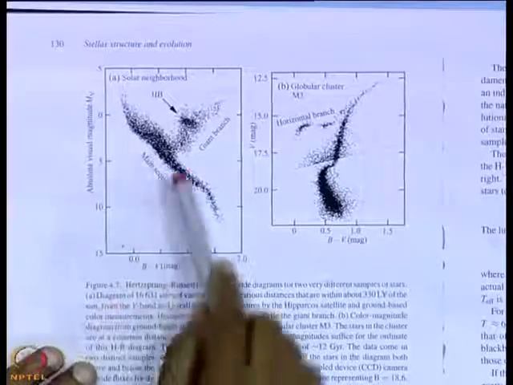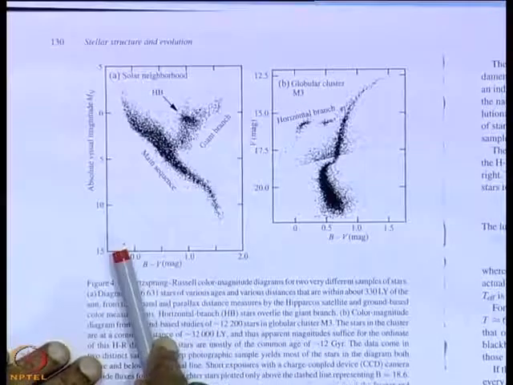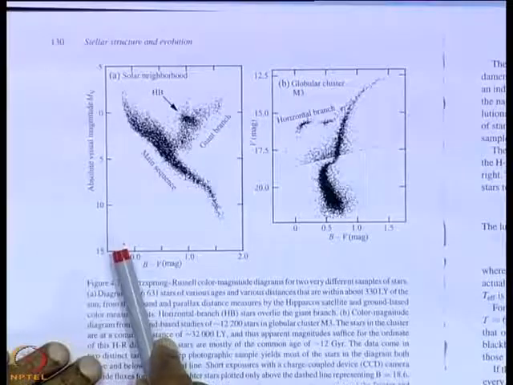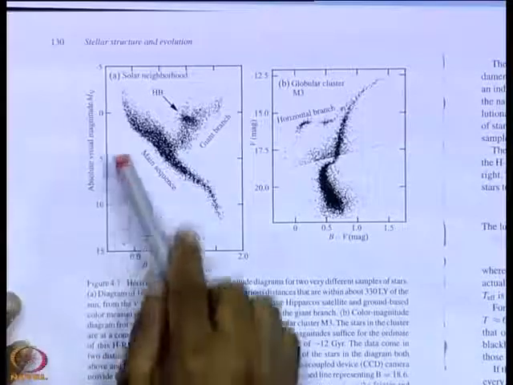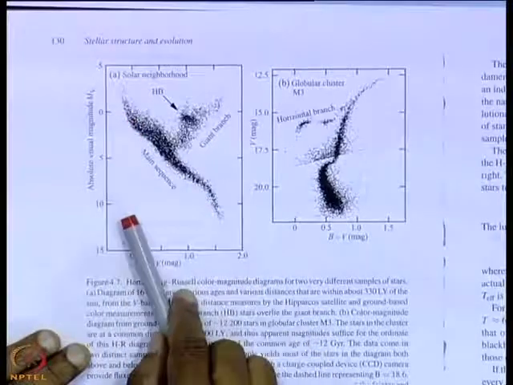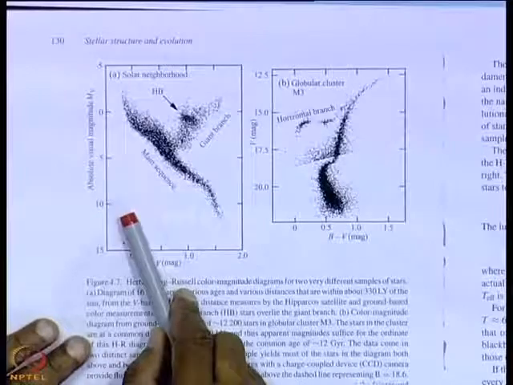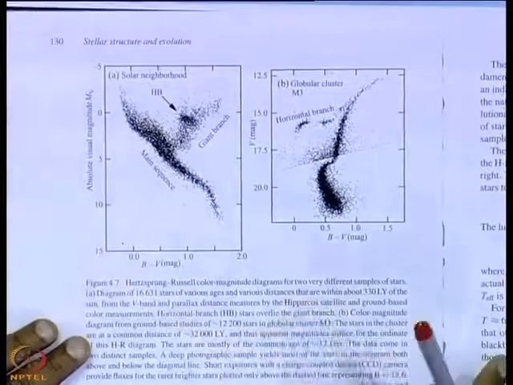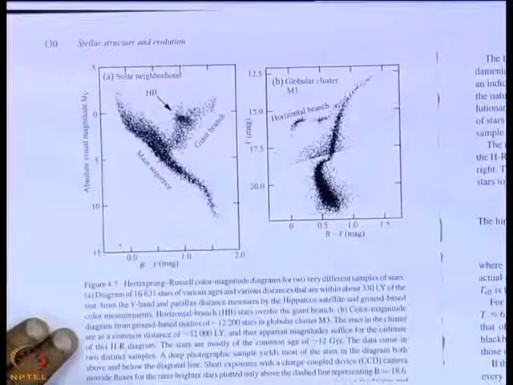Okay, and if it lies somewhere much below the main sequence, but it is hot, then it's a white dwarf. It's an extremely hot star, but of extremely compact size. Such stars are not hydrogen burning stars, they are what are called white dwarfs. They are different kinds of stars, not like the ones that we have been discussing. They do not burn hydrogen at the center to start with, right? All the stars that burn hydrogen are over here.